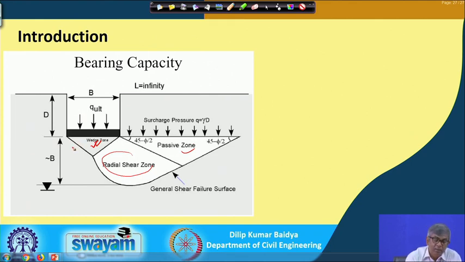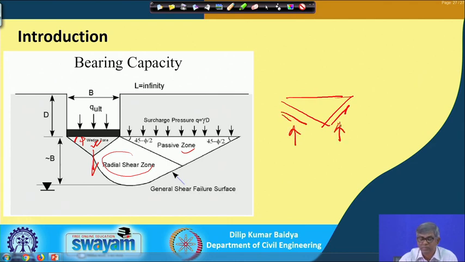And here, as per Terzaghi, this angle is supposed to be phi and this angle is supposed to be 45 minus phi by 2. When we apply the load, unless this wedge goes downward, the soil will not fail. So that is the main thing: this wedge becomes part of the foundation. If I consider the equilibrium of the wedge, then before failure there will be cohesion, there will be reaction from here, there will be loading here, and there will be the weight of the soil.